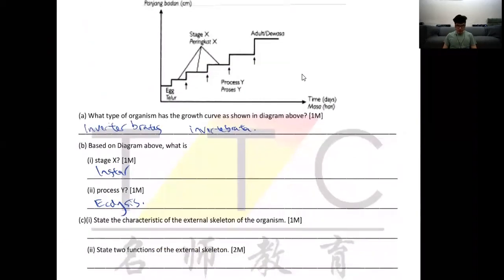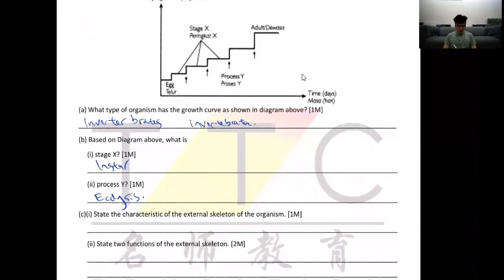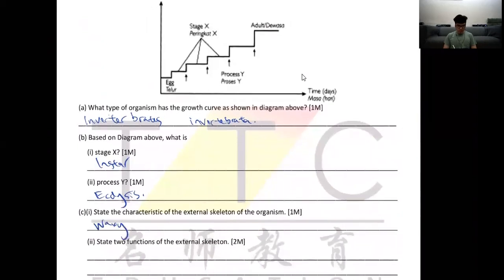State the characteristic of the external skeleton of the organism. Okay, it is waxy, hard. Berlilin, keras.